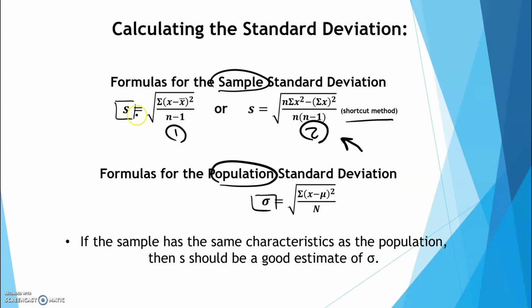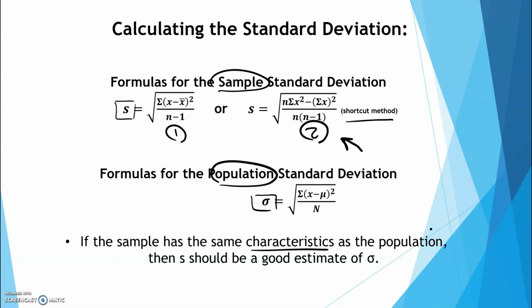Now, if we find a number from the sample for the standard deviation, the first thing that we want is that number that came from the data set. We want that data set to have all the characteristics from the population. Because remember, we want the sample and the population to look just like each other, the sample just being a smaller version of the population, both having the same characteristics.